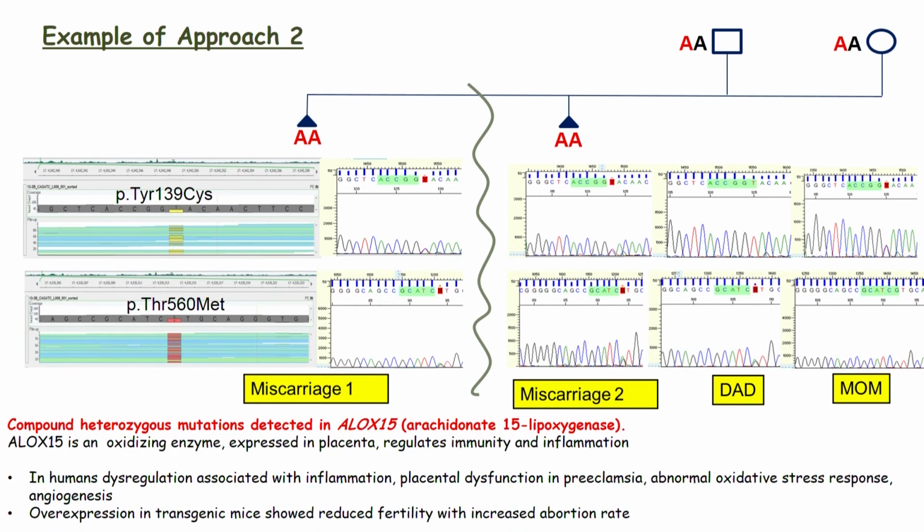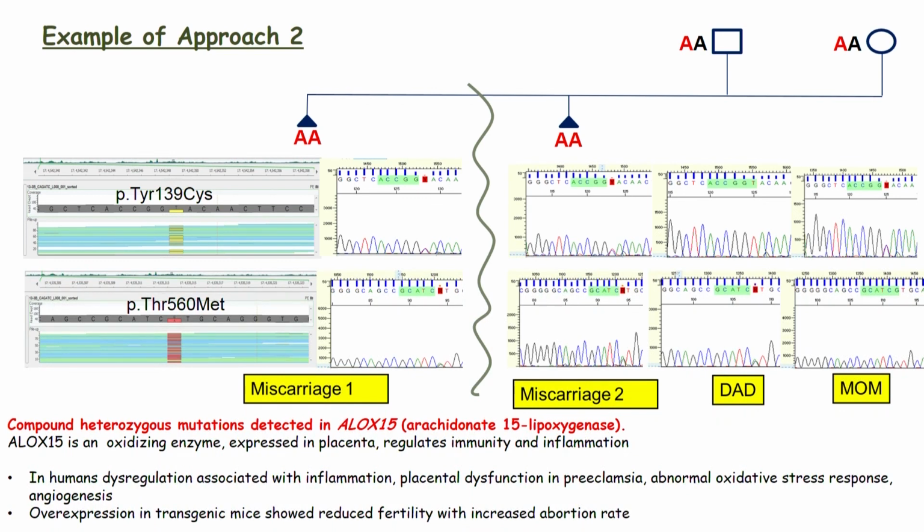So just 1 miscarriage was sequenced, and then using all the filtering and the bioinformatics tools, 2 mutations were identified in a gene called LX15, and then Sanger sequencing for those specific mutations was performed for another miscarriage, and also for the couple, confirming the same pattern in the second miscarriage, and then the parents each had one mutation. So again, why this gene?